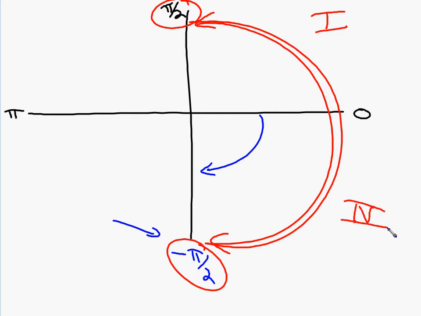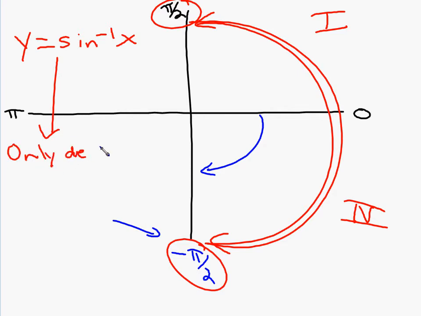So when we work with the inverse sine function, when we work with y equals the inverse sine of x, because of our domain restriction, it is only defined in the first and fourth quadrants.